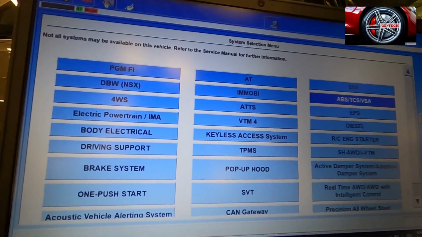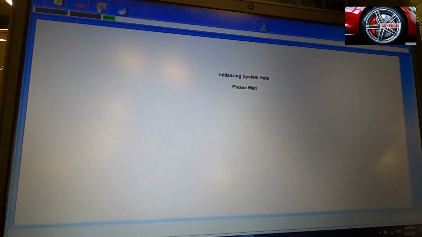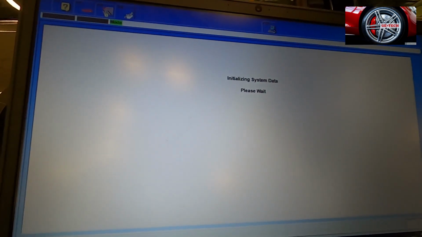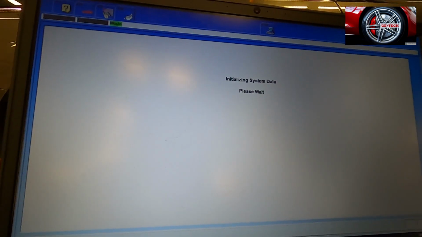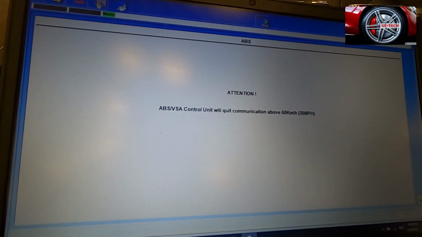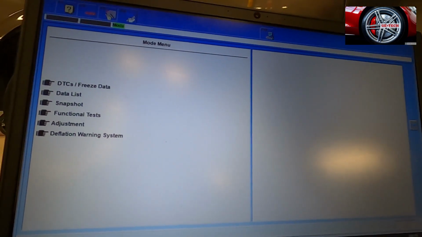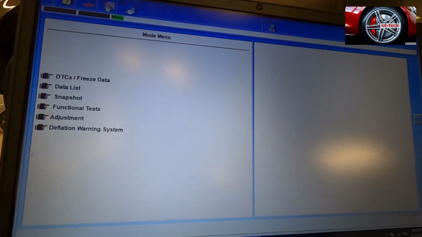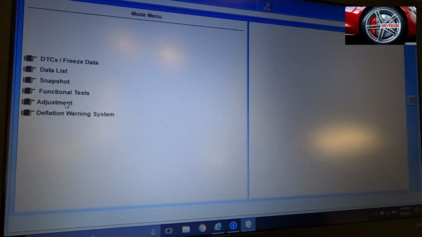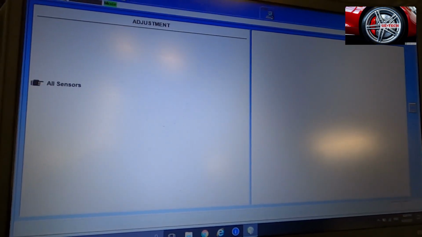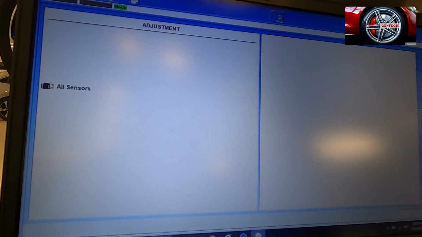And then perform all sensor calibration. All sensors.